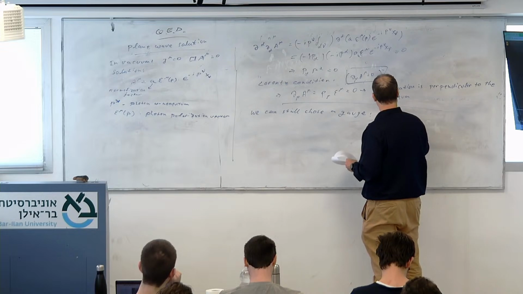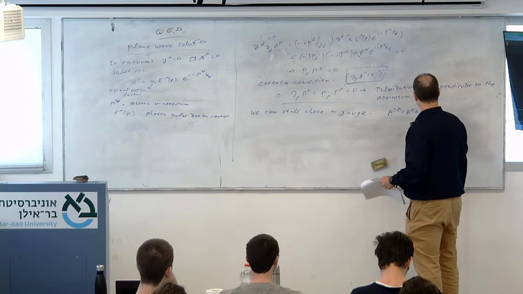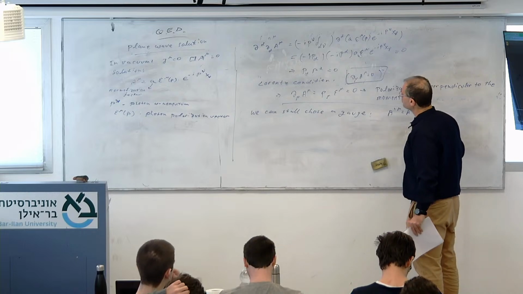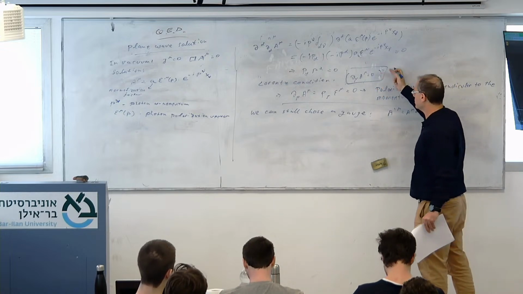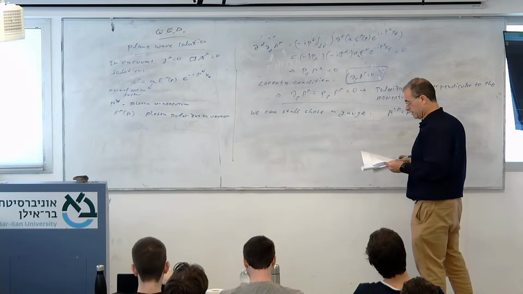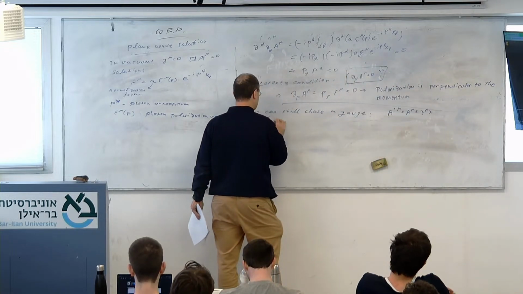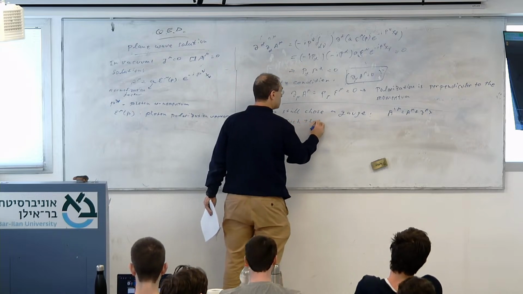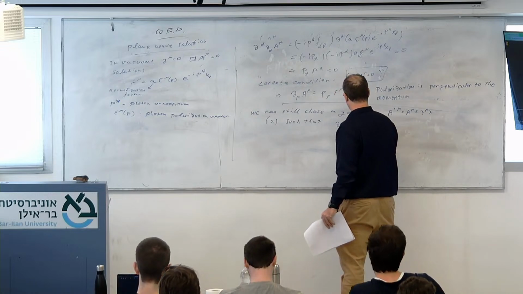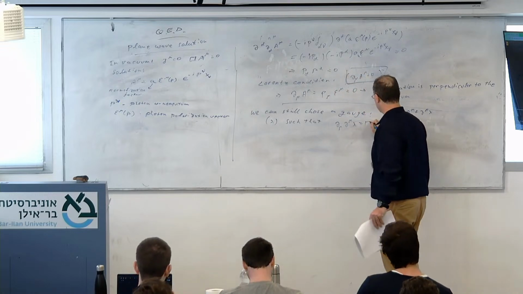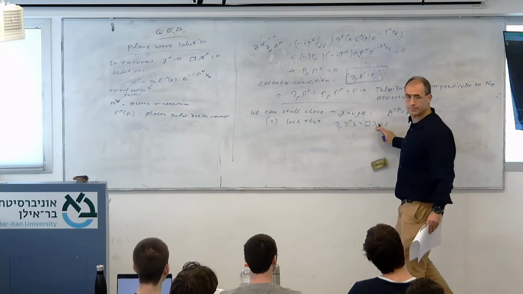Remember that A prime mu was equal to A mu plus d mu lambda. So we can choose a gauge which is consistent with the Lorentz condition. We can still choose a gauge lambda such that d mu d mu lambda, which is the d'Alembertian of lambda, is equal to 0, and that is fully consistent.